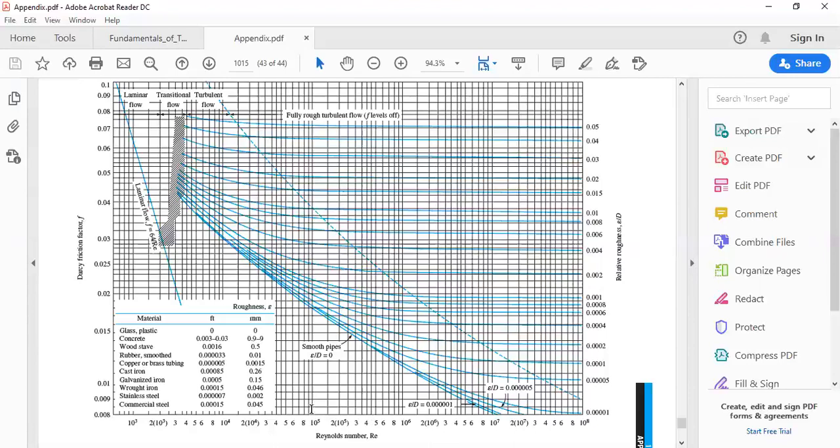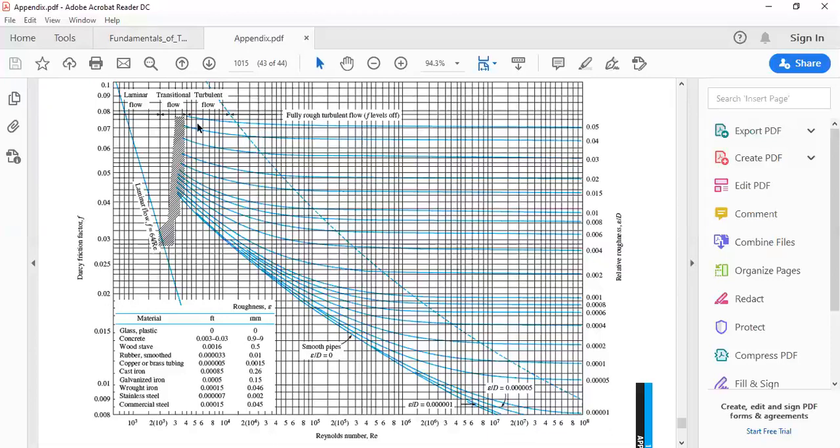That's 10 to the power 5, that's 2 times 10 to the power 5, so we are somewhere in here. Going upward together with the 1.3, we are somewhere here. So take a horizontal line, and then we can read the friction factor as 0.017.